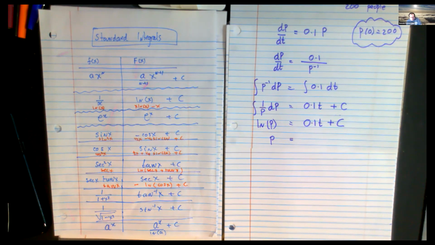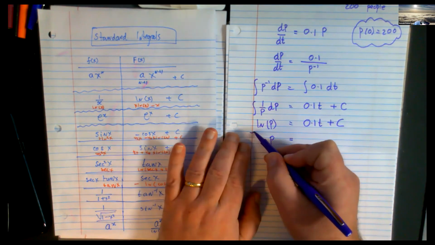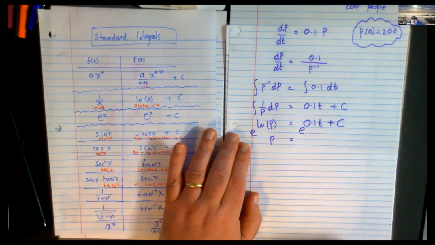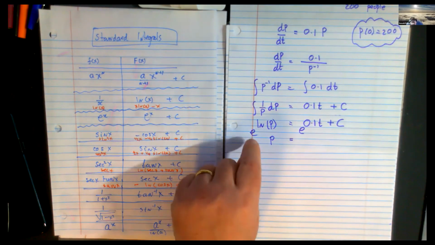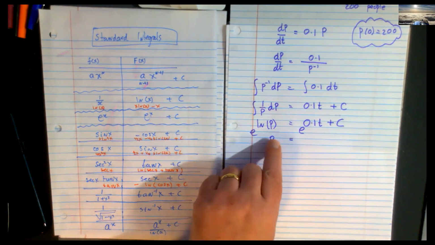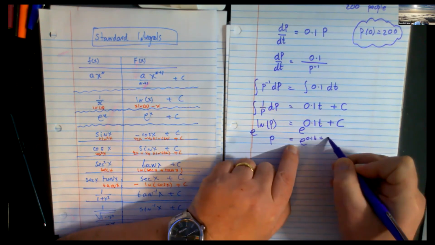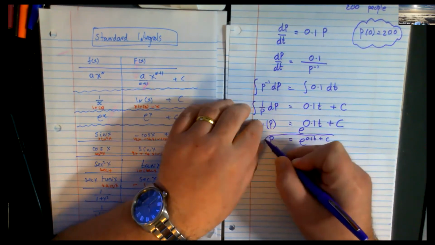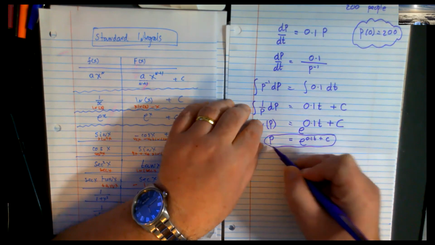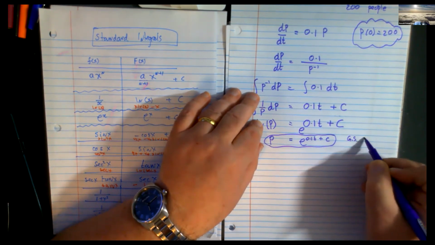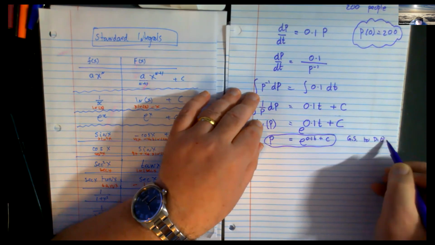What could I do to both sides to get p on its own? How about raise both to the power of e? e to the natural log of p is p, and it's going to equal this guy. And we have now got the general solution to our population model.